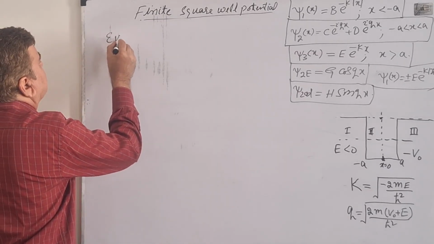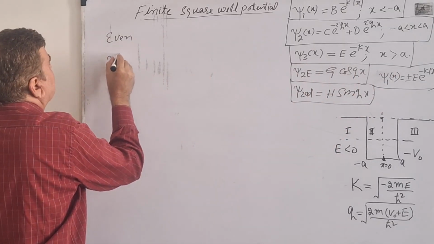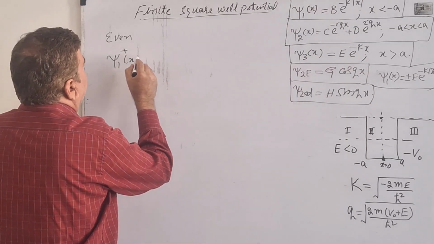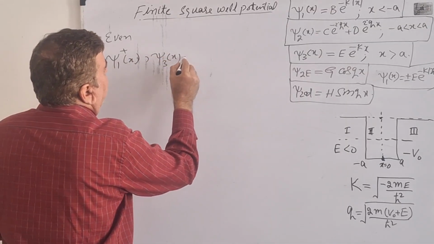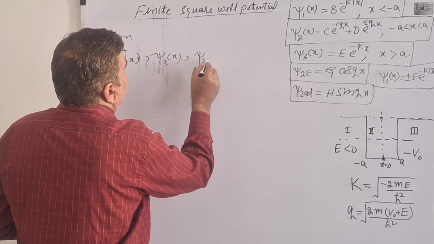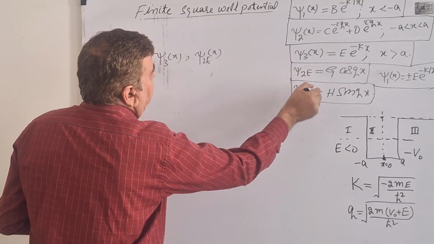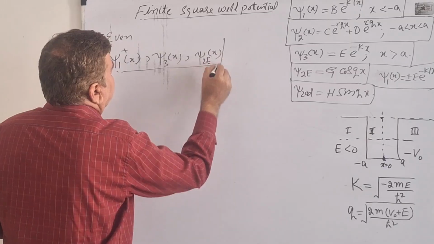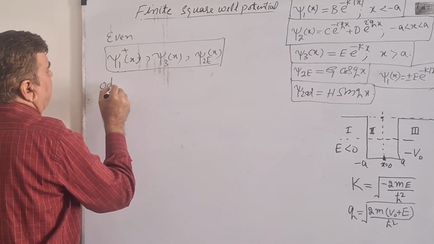Even functions, what are even functions? Psi 1 with positive value, I would write there psi 1 of x plus, then I have psi 3 of x, and I have psi 2e of x. I missed writing x over here, but that is understood. So these three are the set of even functions, and then I have odd functions.